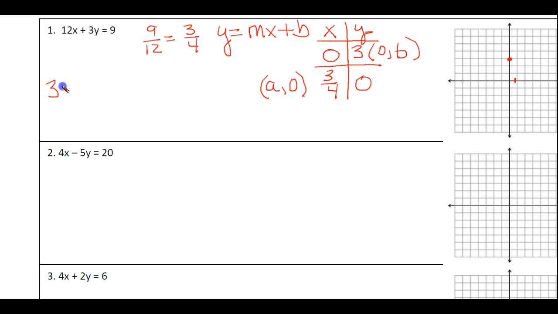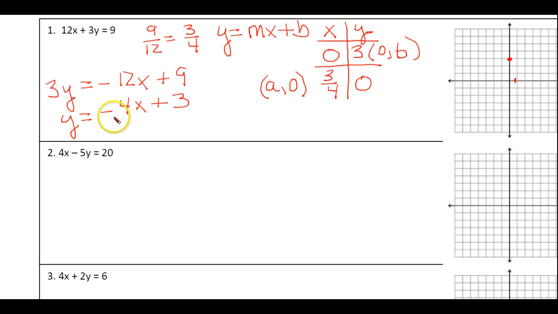So we get 3y equals, transpose that, becomes a negative 12x plus 9. Now divide everything by 3. This will become y. This is going to become a negative 4x plus 3. Dividing each term by 3.